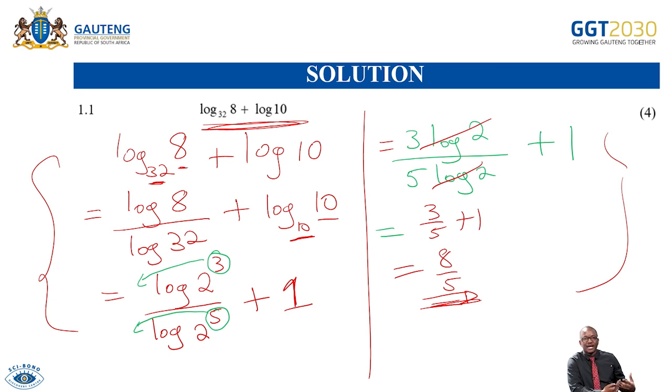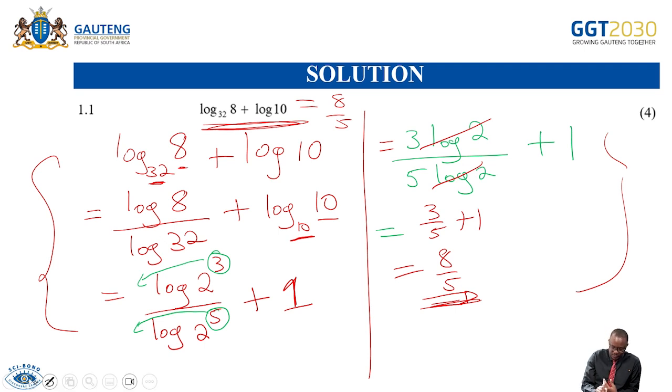To confirm your answer, if you punch it in a calculator, automatically your answer has to give you 8 over 5. That is the nice part about this type of questions. You can solve it and also confirm your answer.